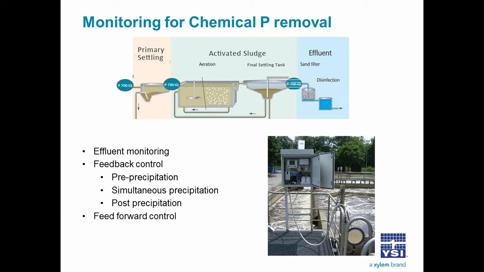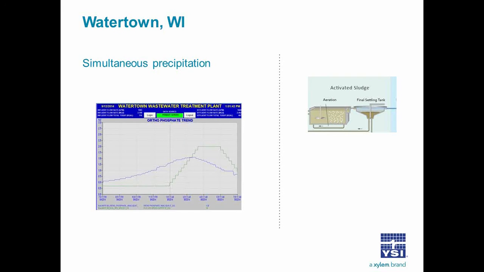Watertown, Wisconsin has recently incorporated a phosphate analyzer into their simultaneous precipitation treatment process. The chemical dosage point is between the aeration tank and the final settling tank. The chart on the left is a screenshot from their SCADA system showing the phosphate concentration from the analyzer in blue and the chemical dosing pump speed in green.